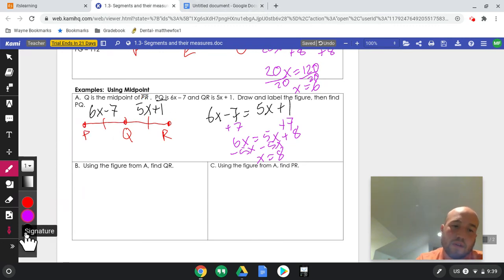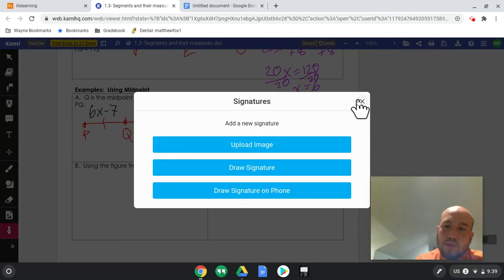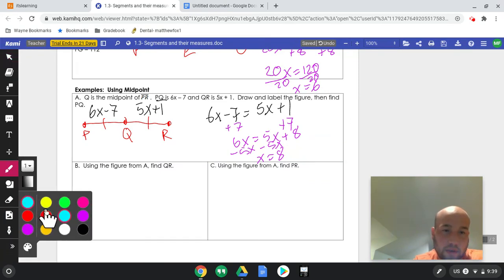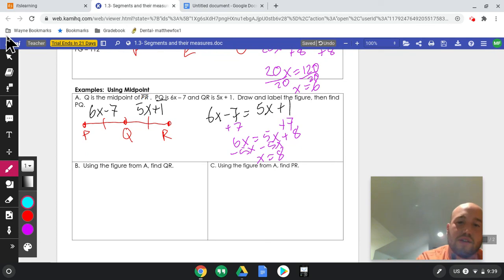So let's go ahead and, let me change the color. Okay, plug that in, so 6 times 8 minus 7. 6 times 8 is 48, so minus 7 gives us 41, and that is the length from P to Q. Right here, that is our answer for PQ.